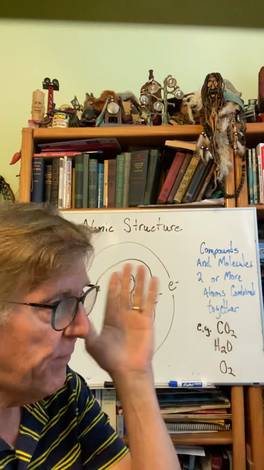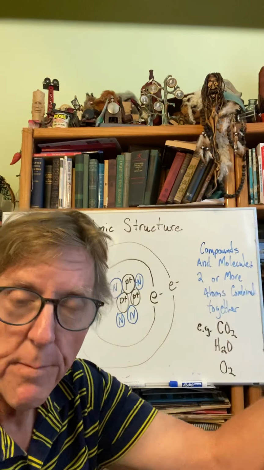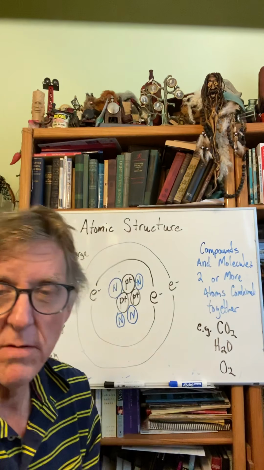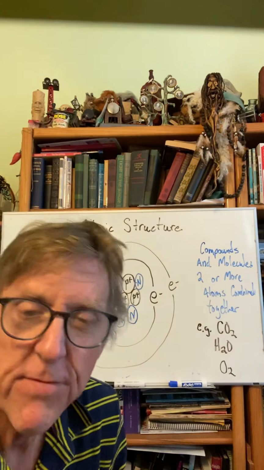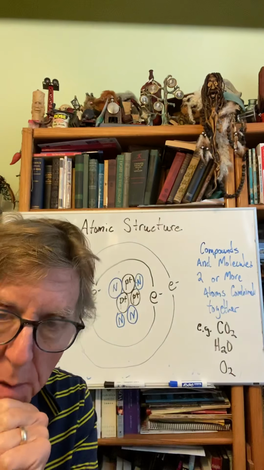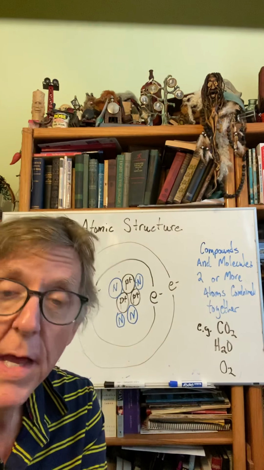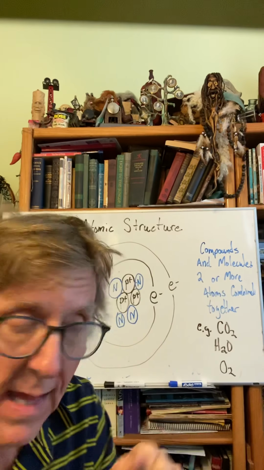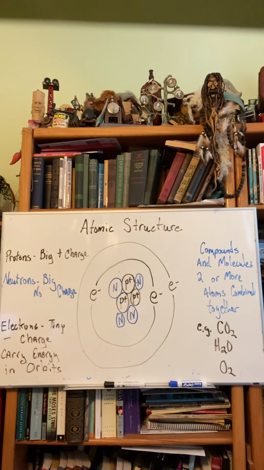If you take chemistry or physics, you'll probably get a much more detailed discussion of atoms. But for our purposes, we're just going to talk about the three major subatomic particles that make up every atom. Every atom is composed of three different types of subatomic particles.